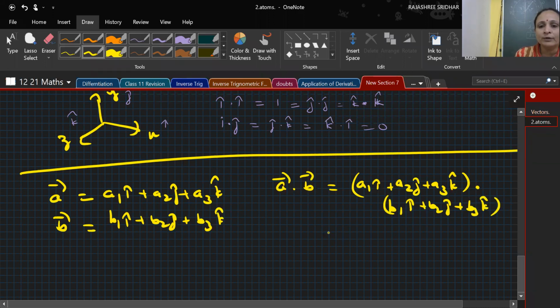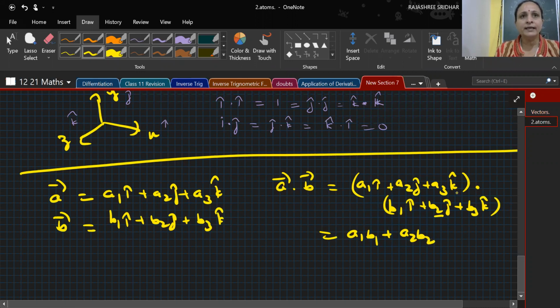Now multiply and see what you get. You get a1 b1 i dot i. i dot i is how much? 1. Then you multiply b1 i cap with a2 j, that is 0. b1 i cap with a3 k, that is also 0. Then b2 j with a1 i, 0. Then b2 j and a2 j, that becomes a2 b2.